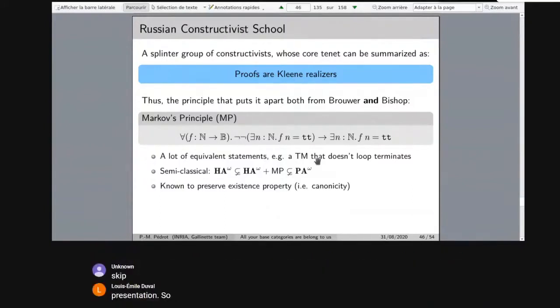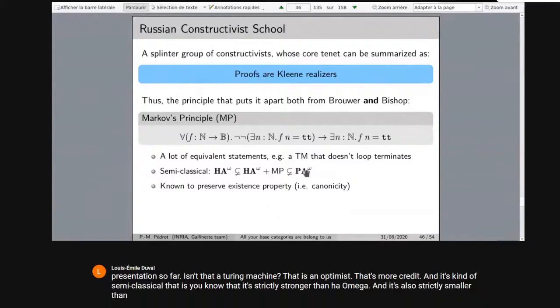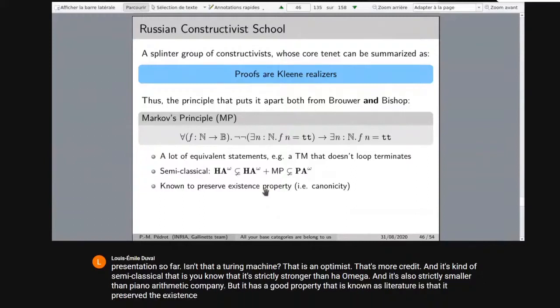For instance, that a Turing machine that doesn't loop terminates. That's one way to phrase it. It's kind of semi-classical: it is strictly stronger than HA omega, and strictly weaker than Peano arithmetic omega. But it has a good property known in the literature, that it preserves the existence property. That means canonicity for us in the type theoretic setting.